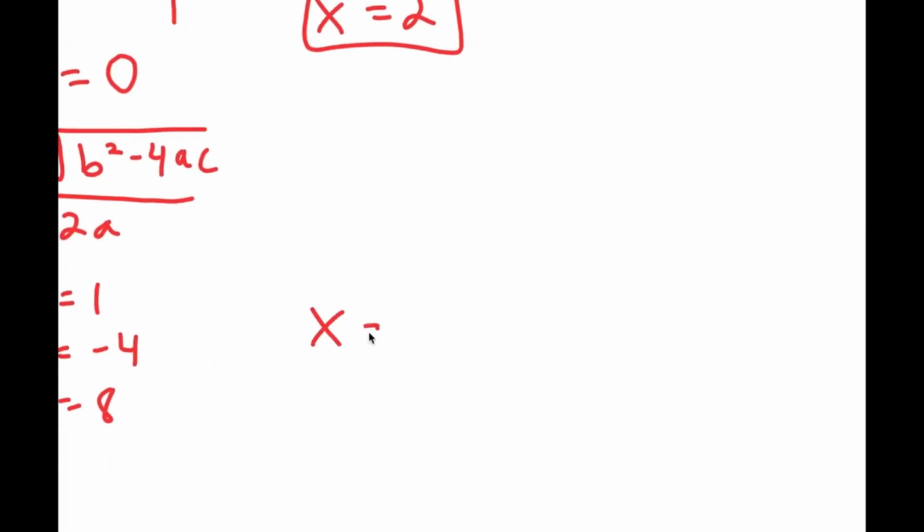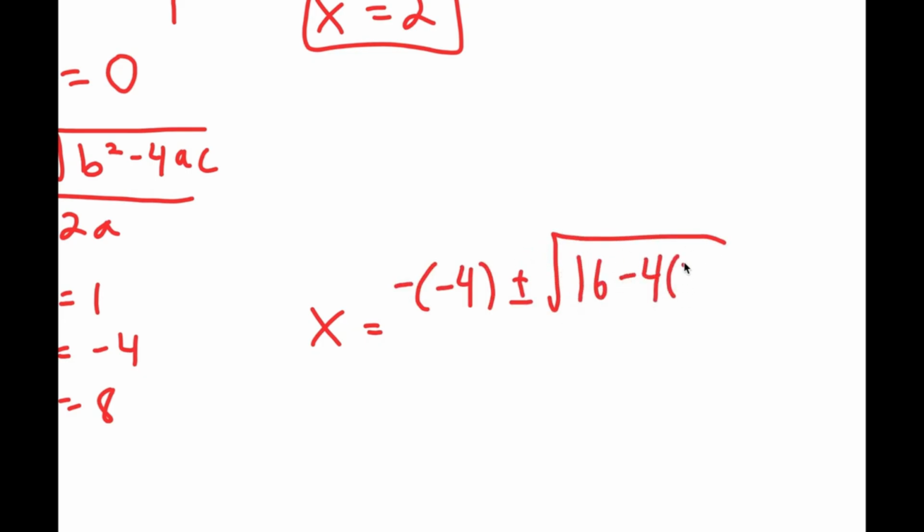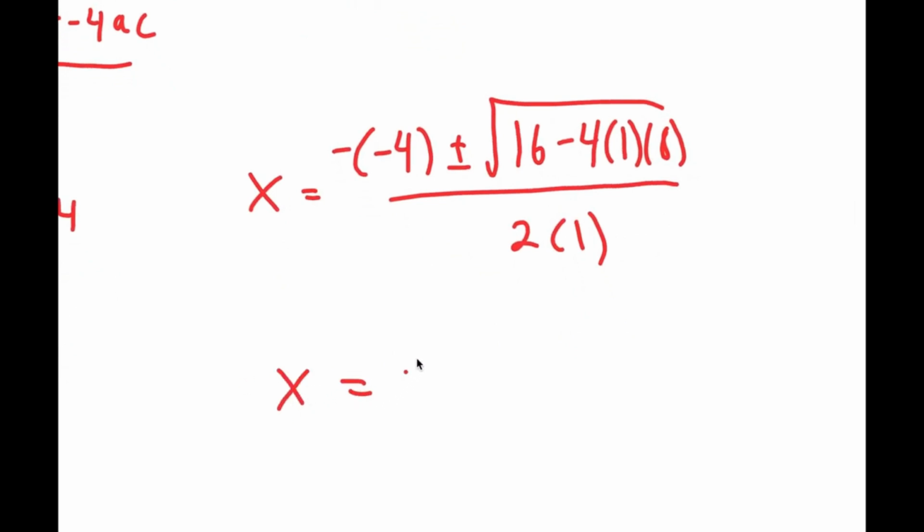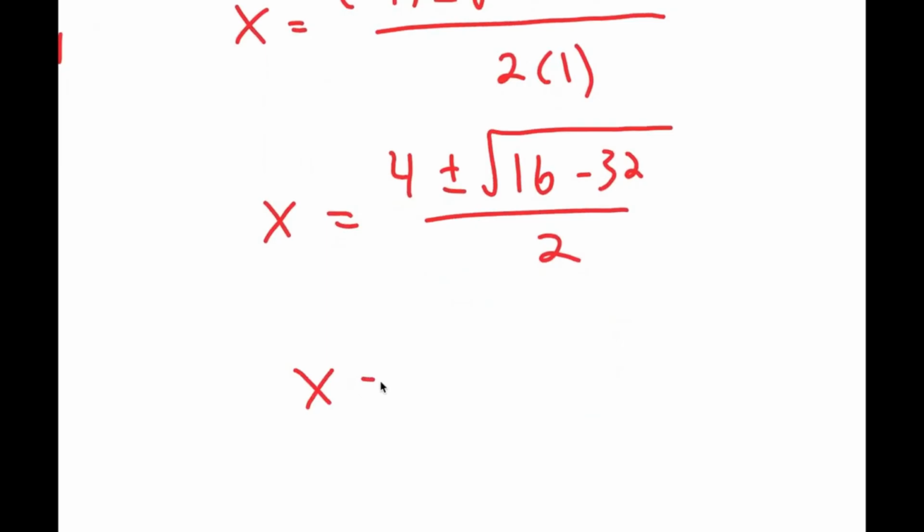So I have x = (−(−4) ± √((−4)^2 − 4·1·8)) / (2·1), so negative 4 squared is 16, minus 4 times a, which is 1, times c, which is 8, all over 2a. And this turns into (4 ± √(16 − 32)) / 2, which turns into (4 ± √(−16)) / 2.